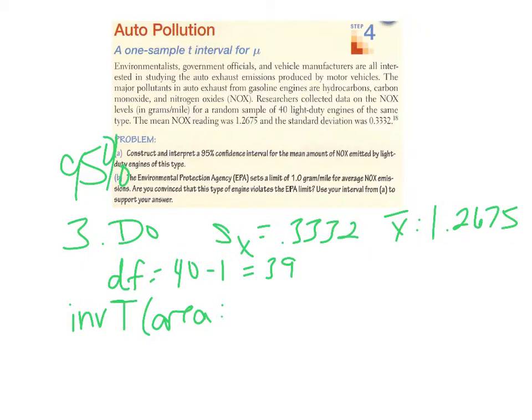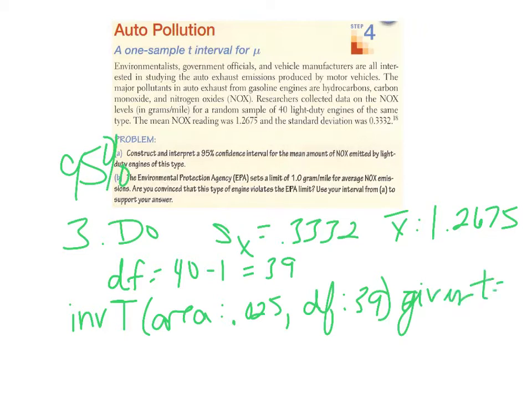So my area is 0.025, and my degrees of freedom is 39, and that gives me t equals negative 2.023, which makes my critical value of t the positive value of that, just like it was for the z. So my critical value of t is 2.023. And so then I'm going to be able to plug that into my formulas.